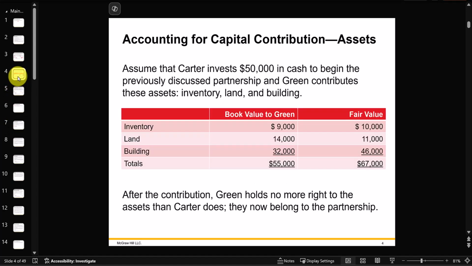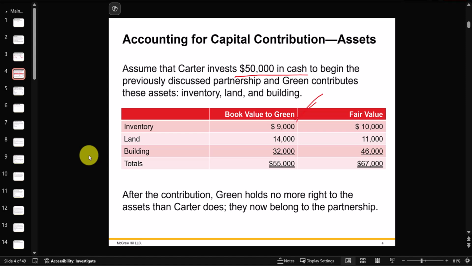So now, same two partners, Carter and Green. Carter is going to invest just cash again, 50,000. But this time, Green, who has his or her own business, is going to contribute the assets of that business into this new partnership. Here are Green's costs, the so-called book value of those three assets.